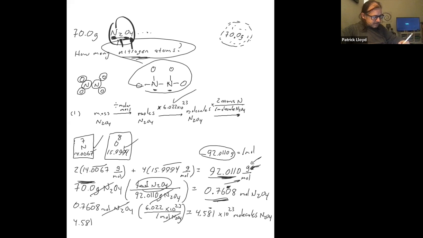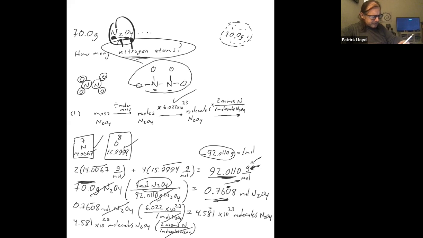So 4.581 times 10 to the 23 molecules of N2O4. And then I'll write it out as 2 atoms of nitrogen per 1 molecule of N2O4.